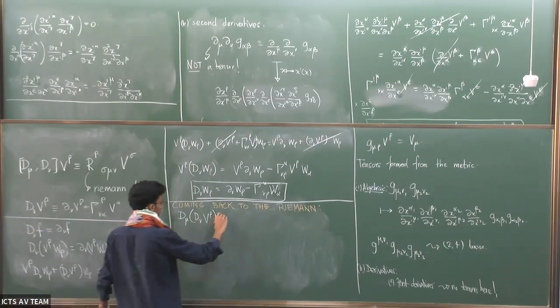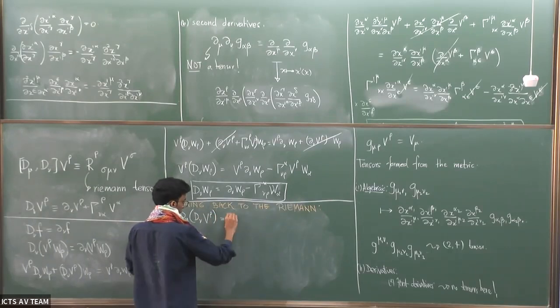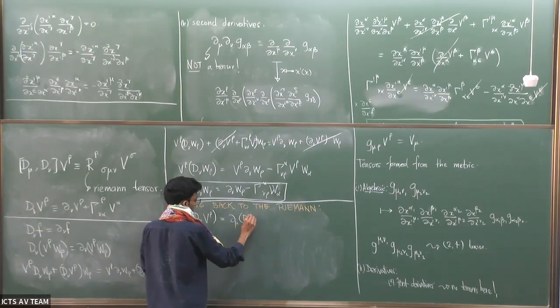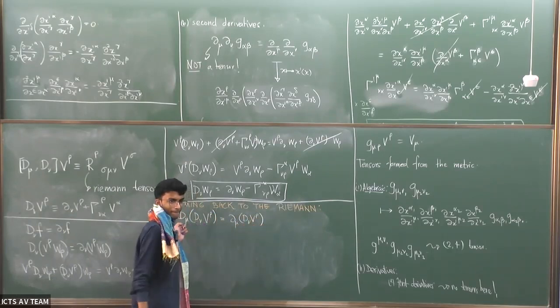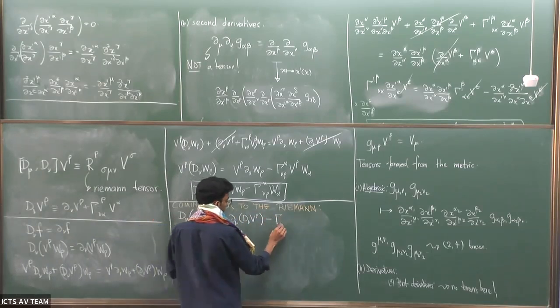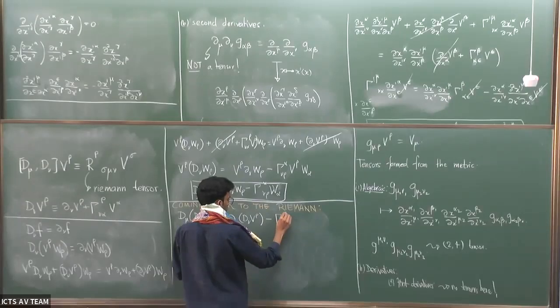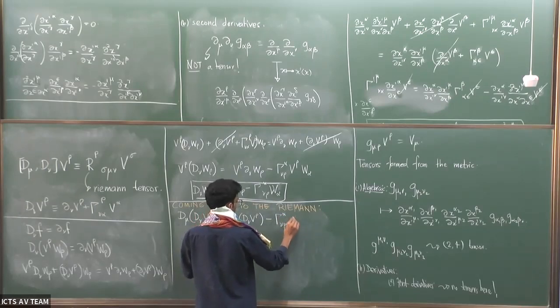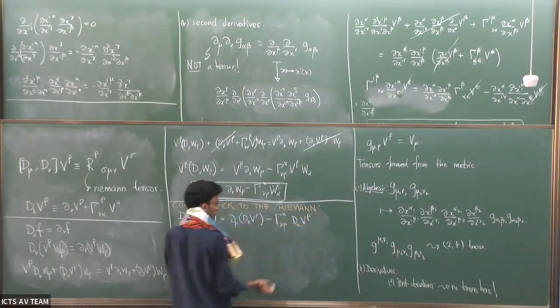So what is this? First, the partial derivative of this quantity, plus minus a gamma for the nu, sorry, the 0.